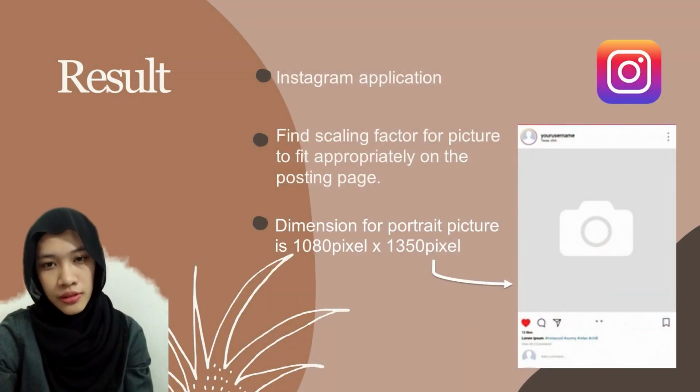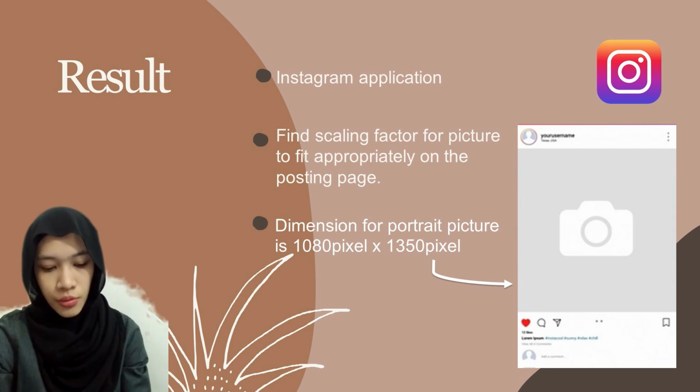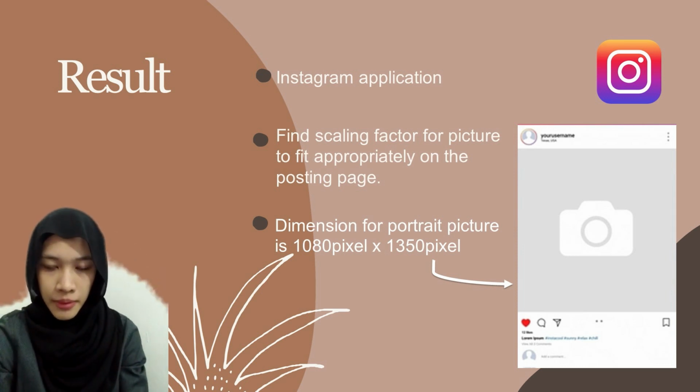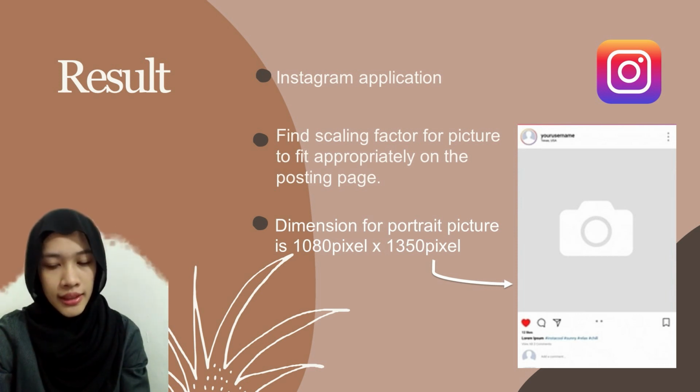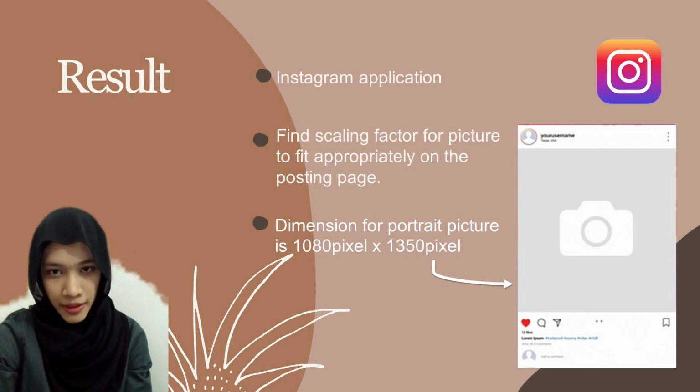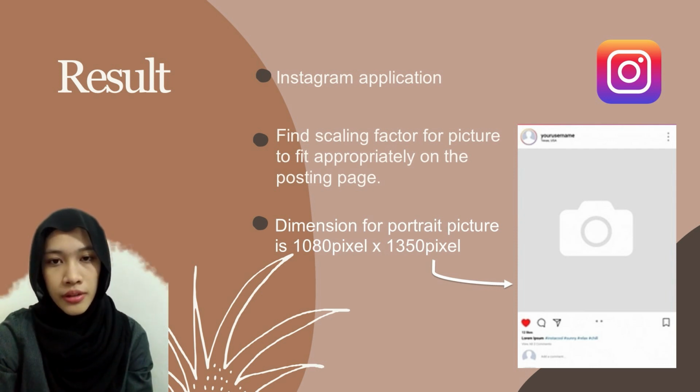To resolve our problem, we decided to do a test on the Instagram application and find the scaling factor for a picture to fit appropriately on the posting page. On the Instagram posting page, the dimension for the portrait picture is 1080 width and 1350 height.